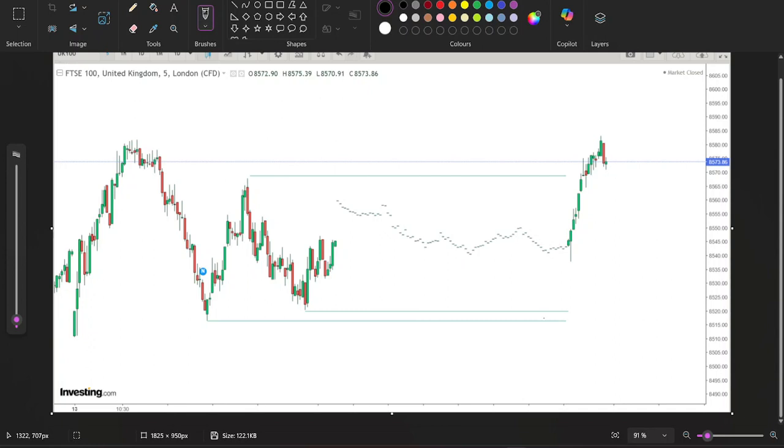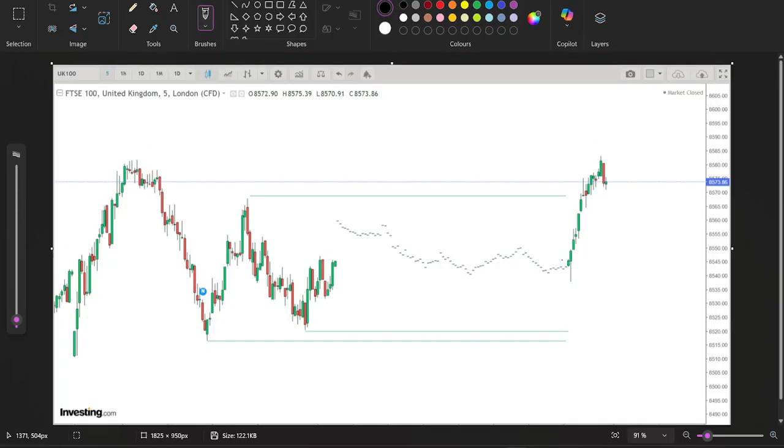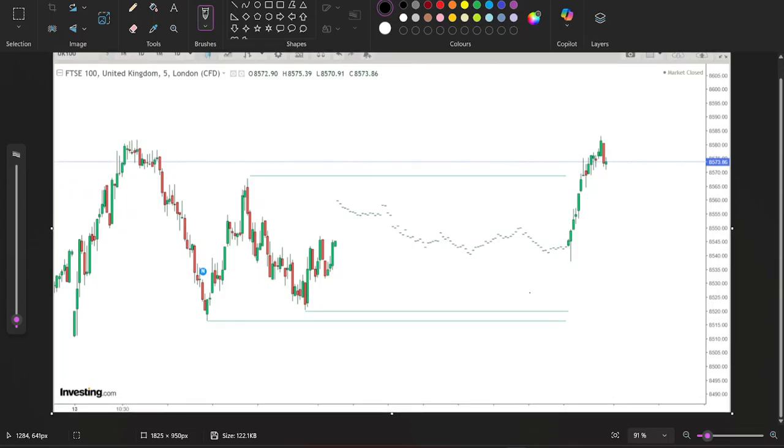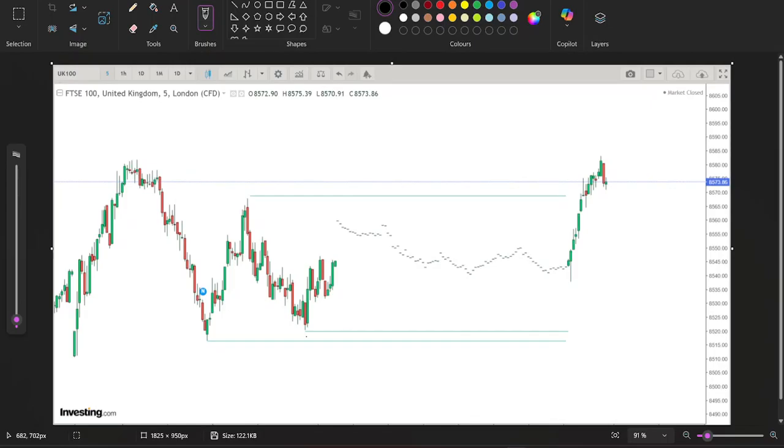Not much to it. It wouldn't give me a chance to enter, but I'm just pointing it out. Maybe on another time frame there was a possibility to pick it up, go down, and pick it up again. Who knows? So the point with this image is that before the market opens you can draw these lines.